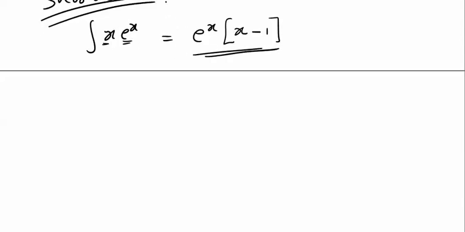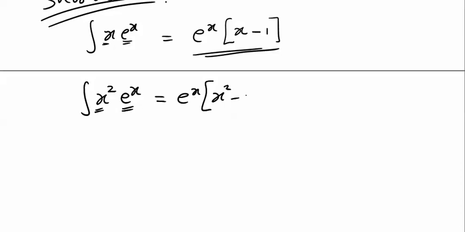Let me give you one more example. Let's say integration of x square e raised to x. What you write is e raised to x into this, that is x square, minus derivative of this, which is 2x, plus alternate minus plus, derivative of this will be 2. That's it. You can solve it.